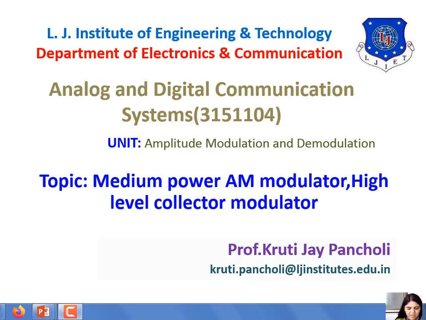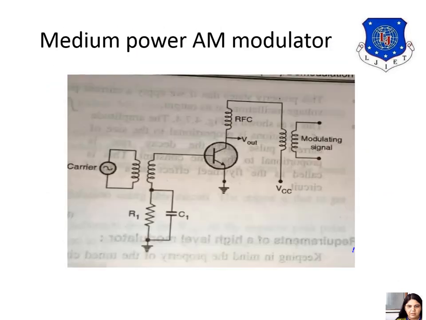The circuit of the medium power AM modulator is shown in the figure. Here the circuit is made using a transistor, and the modulation takes place at the collector of this transistor, which acts as the output stage of the transmitter.